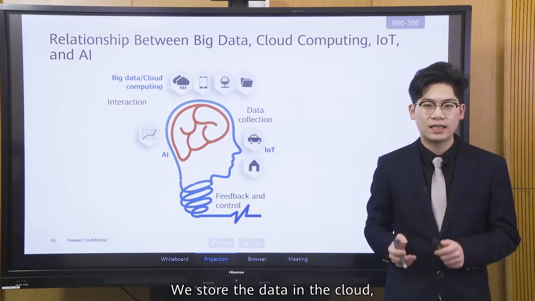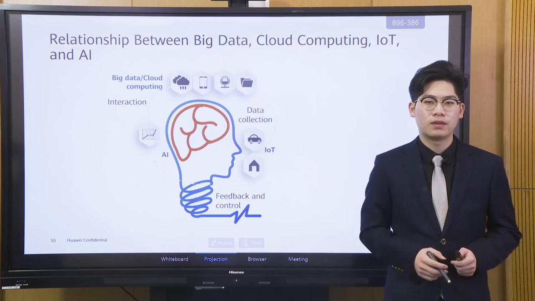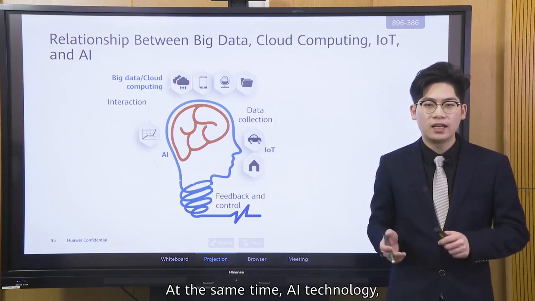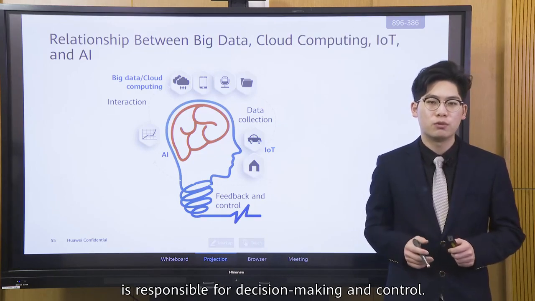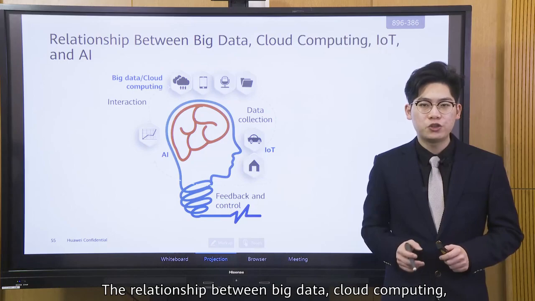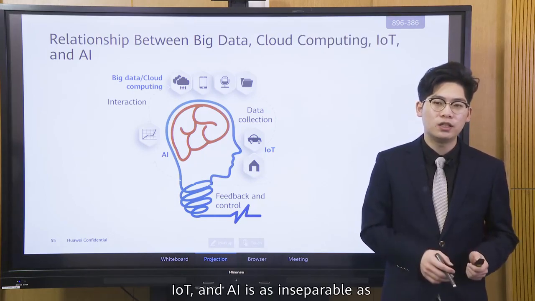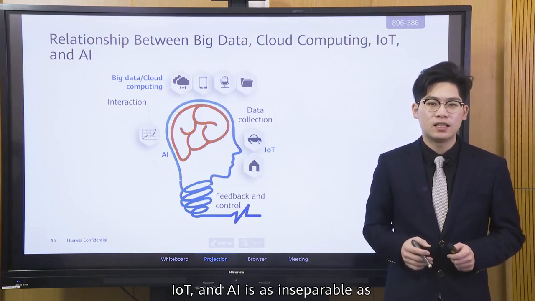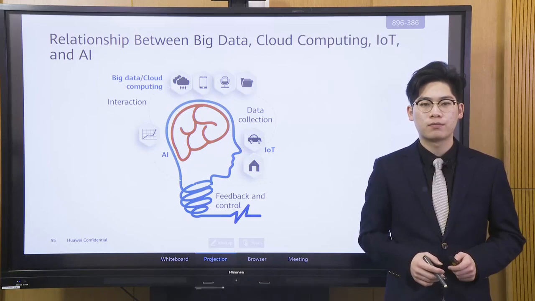We store the data in the cloud, which uses cloud technology. At the same time, AI technology, which is similar to the brain, is responsible for decision making and control. The relationship between big data, cloud computing, IoT, and AI is as inseparable as different parts of the human body.